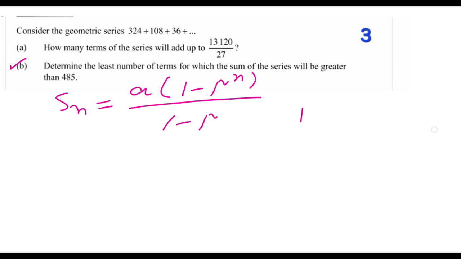This formula we're using when r is less than 1. Even I can use the formula r greater than 1. The answer will be the same because both formulas are equal to each other. So I'm going to use this formula here.